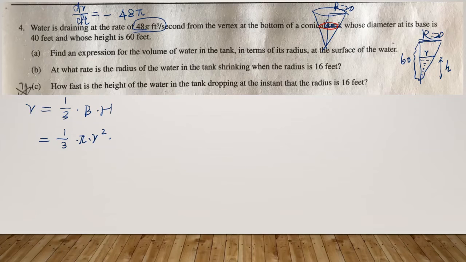This height is h, but we need it in terms of its radius. So we need to know the expression for h in terms of r. As we know, the radius is 20 and the height is 60.